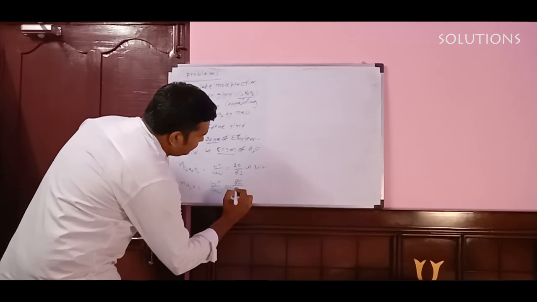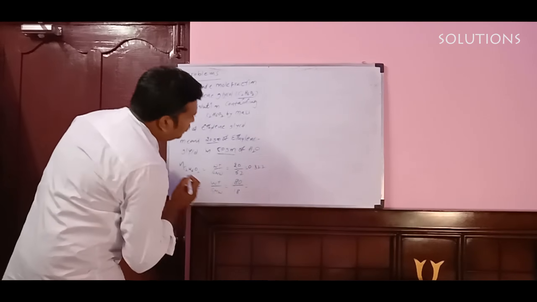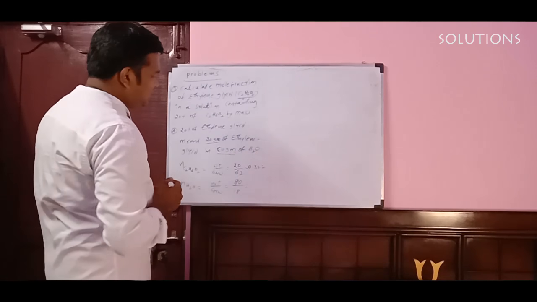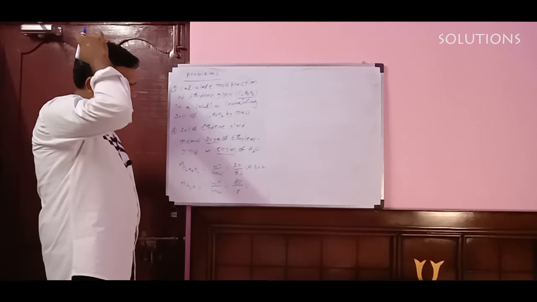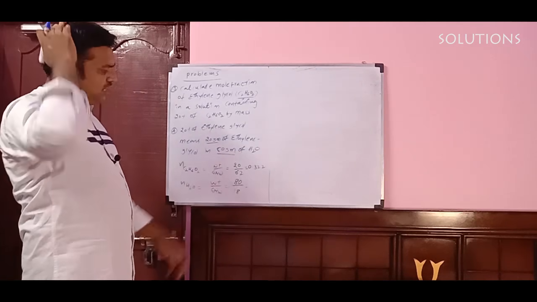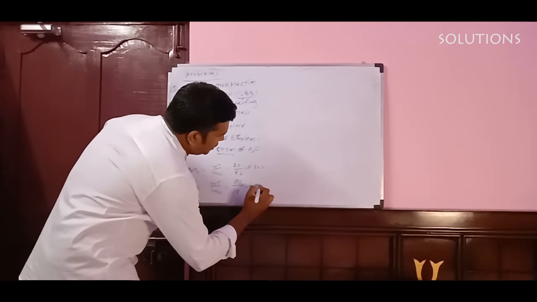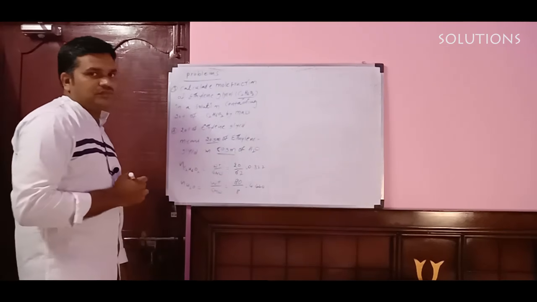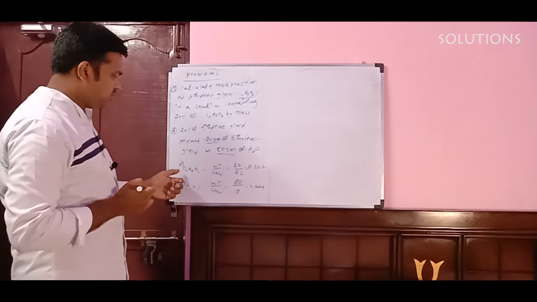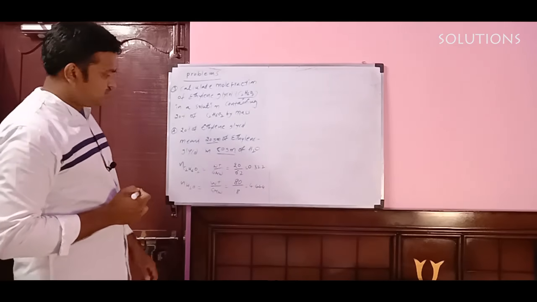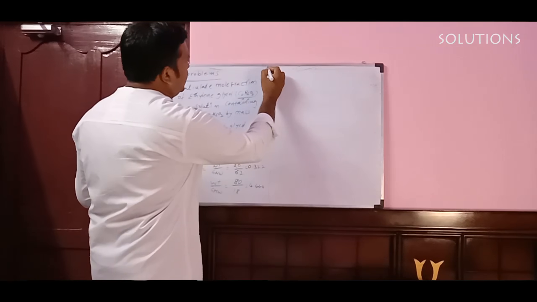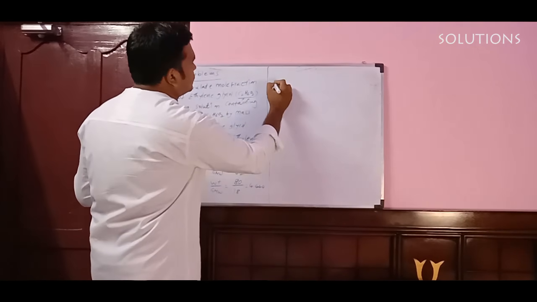Gram molecular weight of water is 18, because oxygen is 16, 16 plus 2 is 18 only. So we find 80 by 18, and you will get 4.444 moles only. So this is the number of moles of glycol, and the number of moles of H2O. We want to find now the total number of moles.